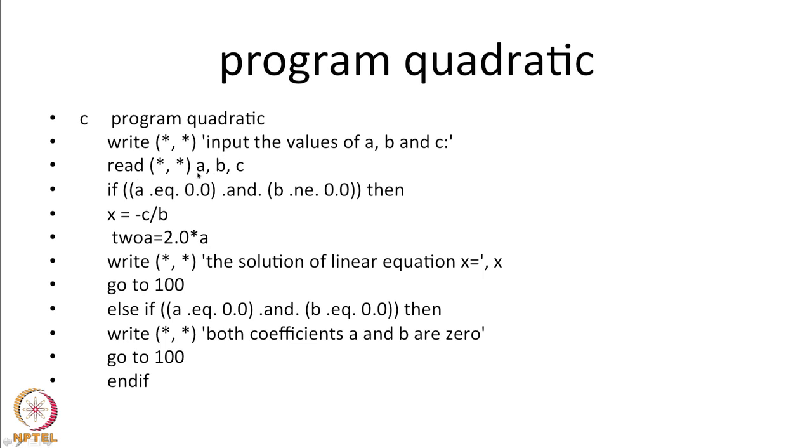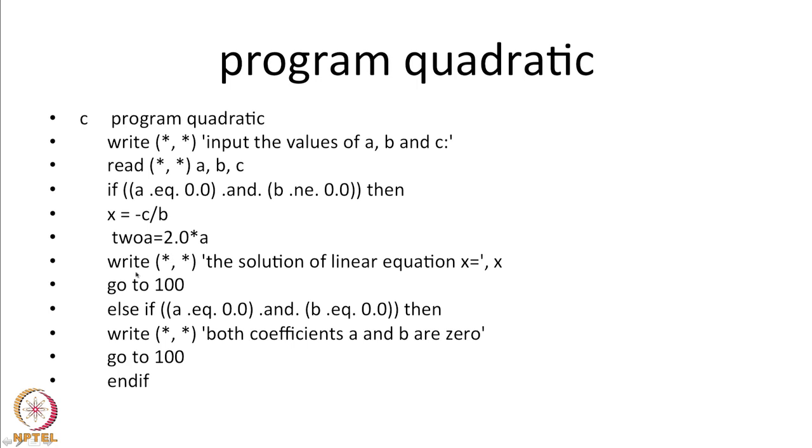You first want to ascertain that if a is equal to 0, then it is not a quadratic equation anymore. So, you have this first condition: if a is equal to 0 and b is not equal to 0, these two conditions are satisfied, then you say x is equal to minus c by b. That is how you solve that linear equation.